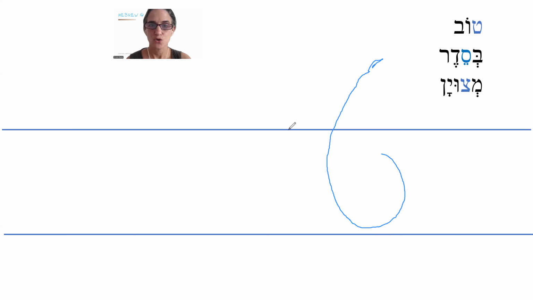So this is the tet, and the vav, the vertical line, and ending with the vet. Remember the vet, which looks a little bit like this. Okay, tov.